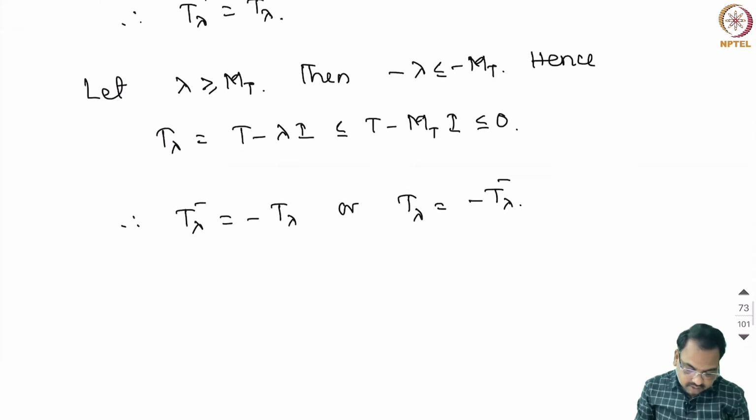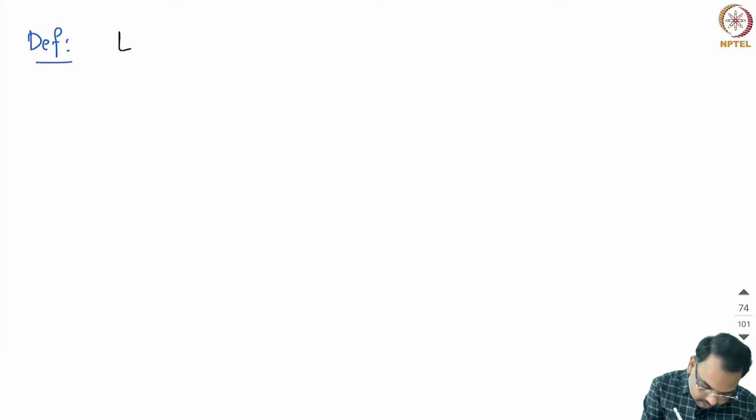Now we want to define the spectral family generated by a self-adjoint operator. Let us look at the definition. Let T be a self-adjoint bounded operator.